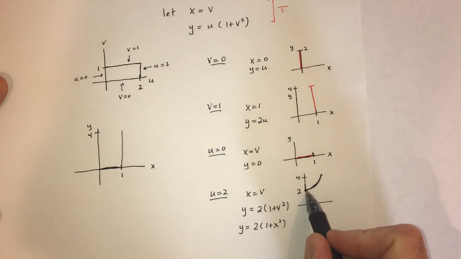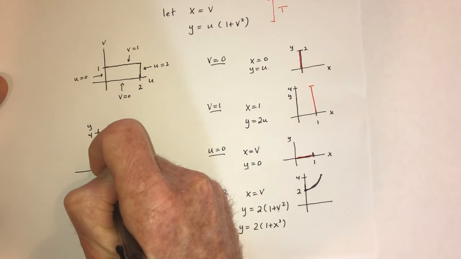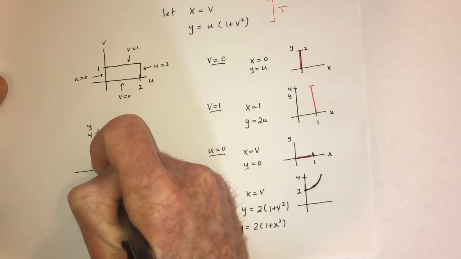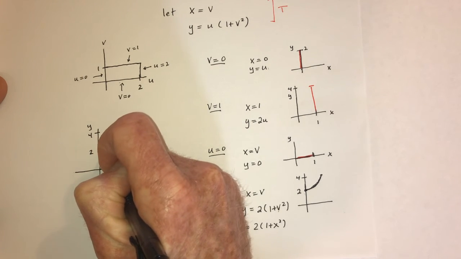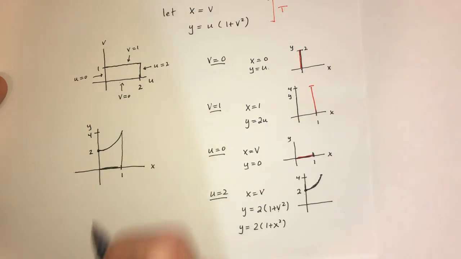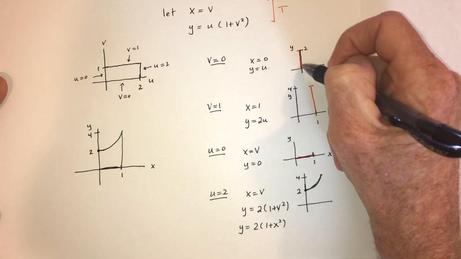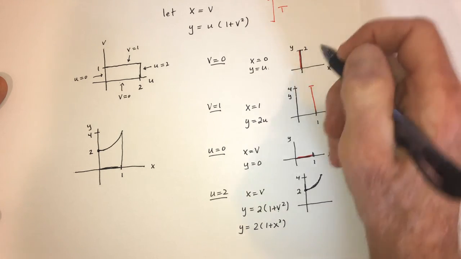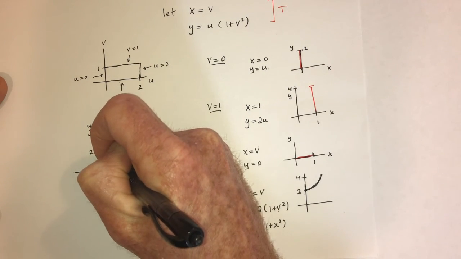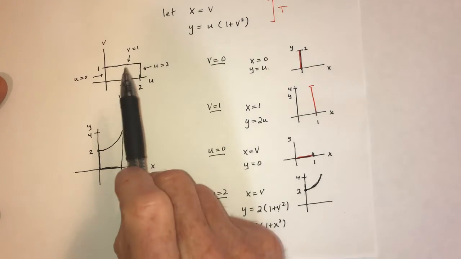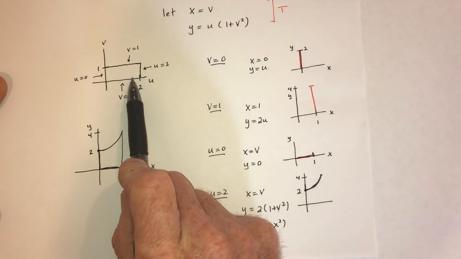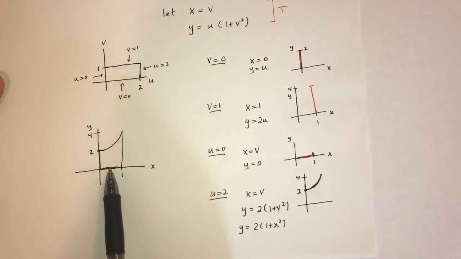This is a parabola piece, which starts right here at 2, and then goes up to 4. And then this side is on the y-axis, and it goes from the bottom up to 2. So there we go. This is the original region, and then it got transformed into this region.